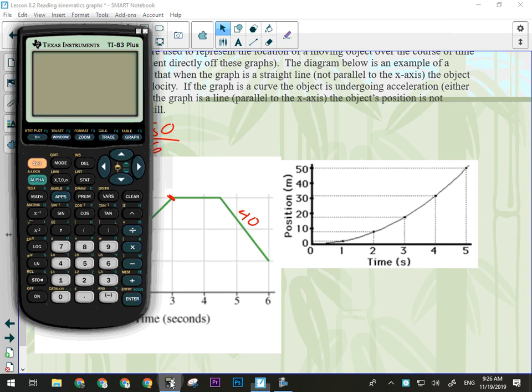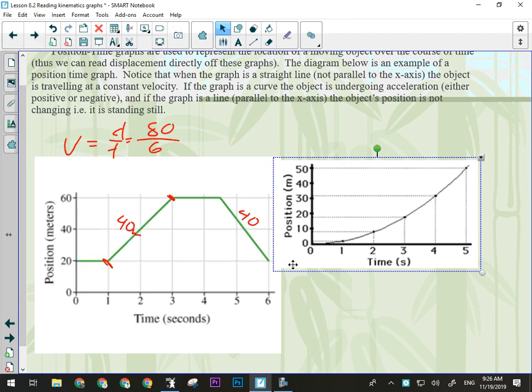How about I just use my calculator to stop being lazy? I was thinking 60. I went 80 over 60. That's what I was thinking about. Yeah. Okay, so we're looking at 80 over 6 is 13.3 meters per second. There's my average speed. All right?